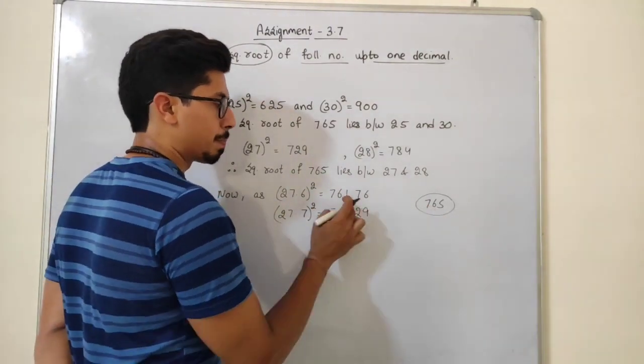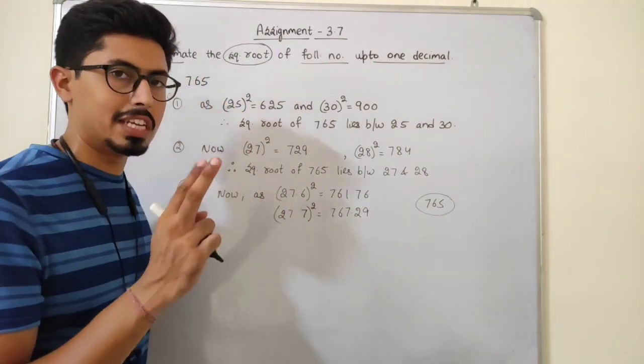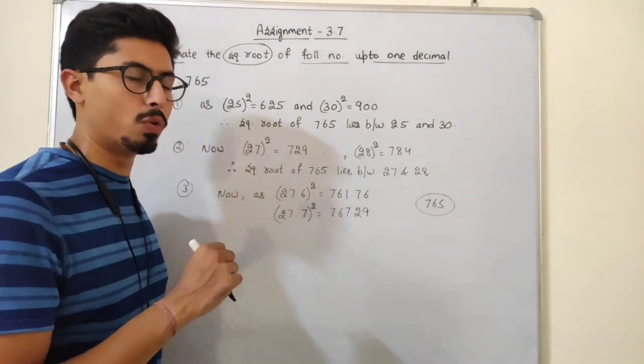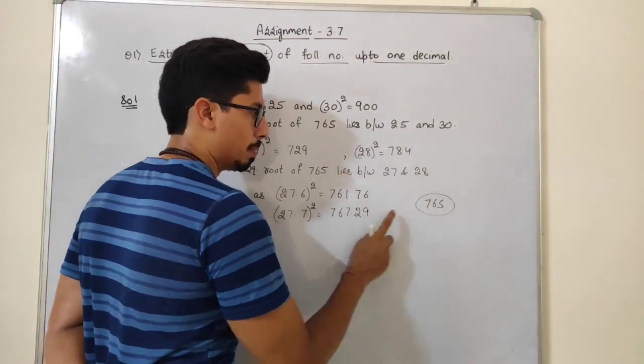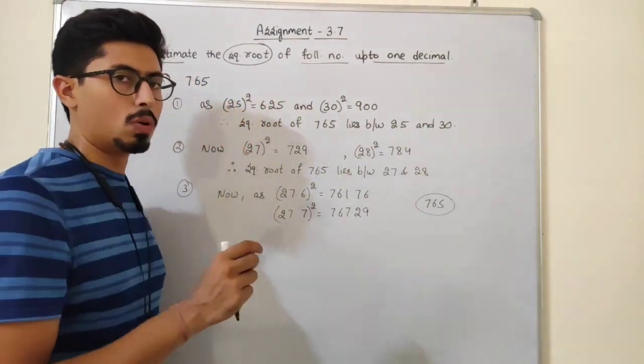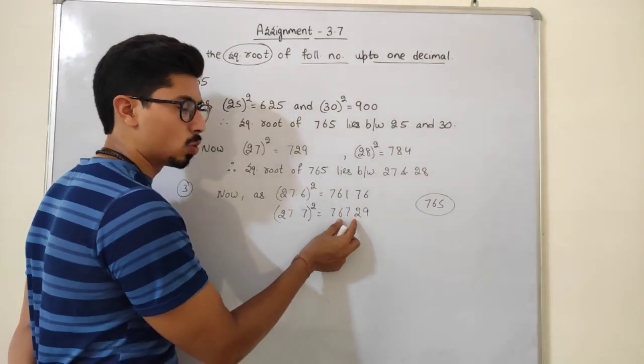If I just subtract these two numbers, the difference between these two numbers is somewhere about 3.3, I guess. And if I subtract the other two numbers, the difference will be around 1 point something. So this 765 is much closer to this number.